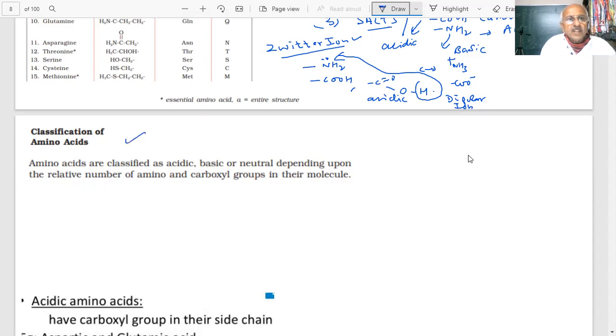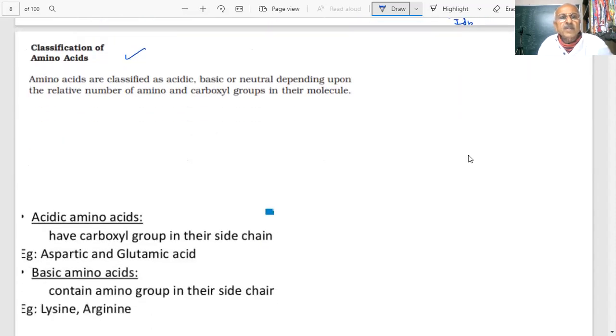If we talk of the classification of the amino acids, every attempt has been made to classify them. So one of the ways to classify is that they can be acidic, basic, or neutral.